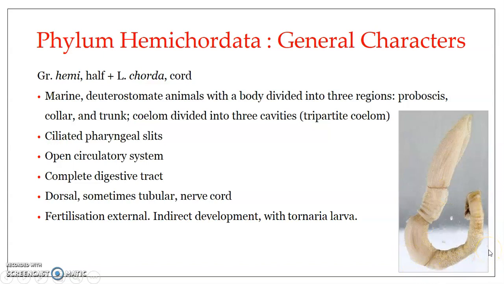At the same time, the enterocoelous coelom is also divided into three compartments, and hence it is known as a tripartite coelom. It is a unique feature of hemichordates. The coelom is divided into three cavities, namely the protocoel, mesocoel, and metacoel, based upon position, and it corresponds to the body divisions, that is proboscis, collar, and trunk, respectively.